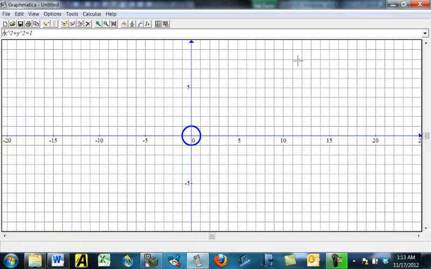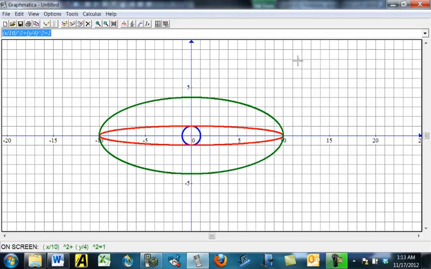If I replace x by, say, x divided by 10, that's going to stretch that out 10 times as far from the y-axis, so a horizontal stretch. Notice that vertically it didn't change any. Now let's take that and replace y by, say, y divided by 4. And that's going to stretch it in the other direction. So these shapes are ellipses.